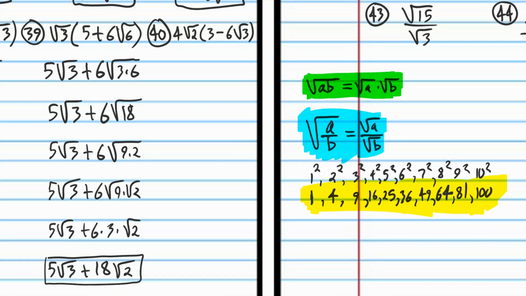All right, we're back. Root 4 root 2 times 3 is equal to 12 root 2. 4 root 2 times negative 6 root 3 is equal to negative 24. I'm going to have to move this over. Negative 24 root 3 times 2. So where did I get the 3 times 2?